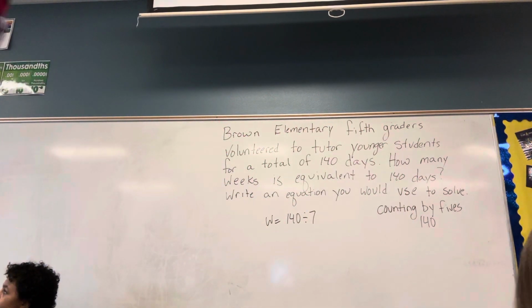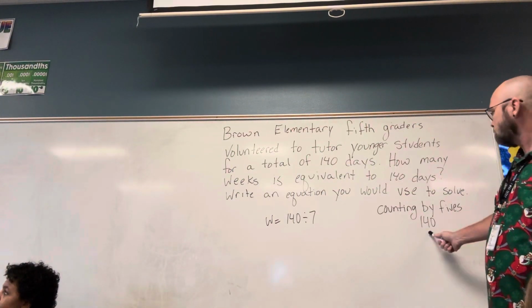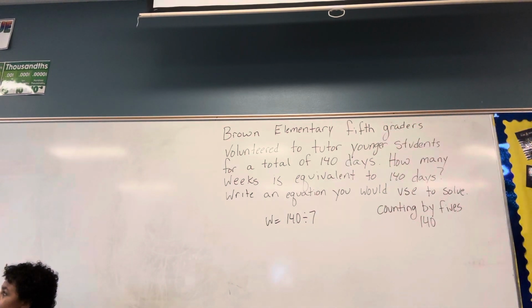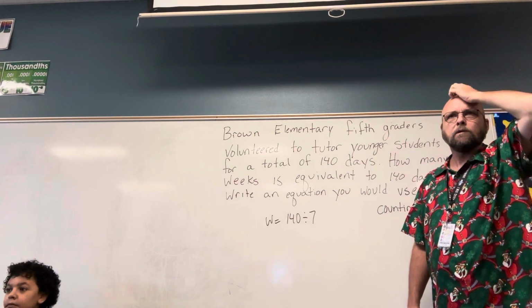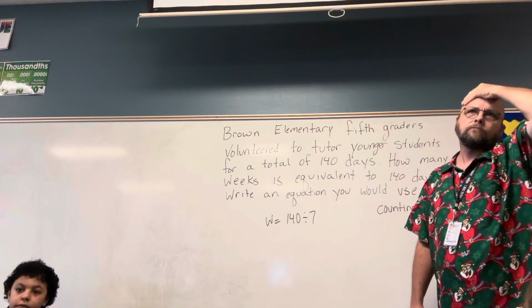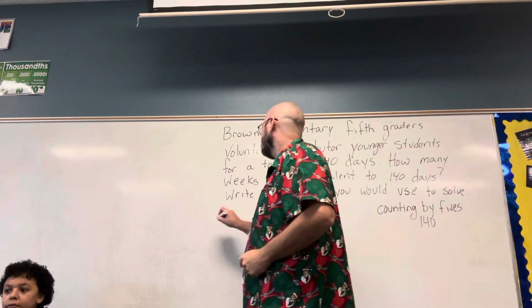Okay, anybody do it differently than counting by 5s to 140 or dividing 140 by 7? Okay, AJ? I did it in times. Okay, so tell me what you did. So I did 7 times 2 because that would equal 14, and then I just added 0.